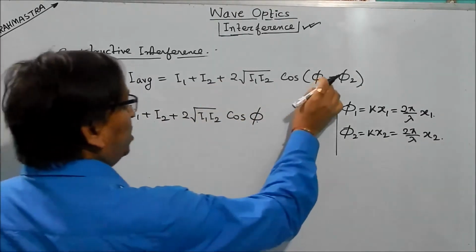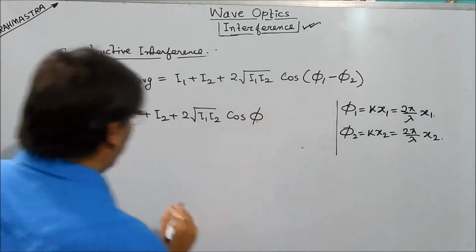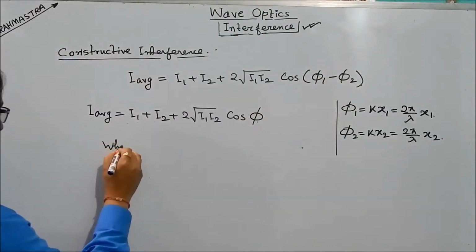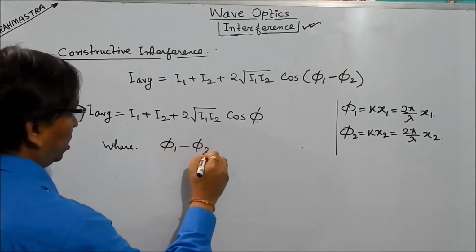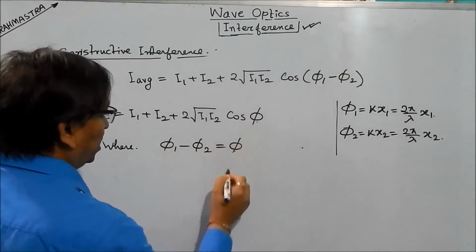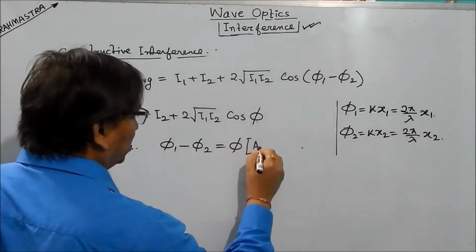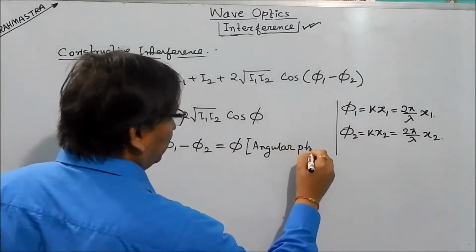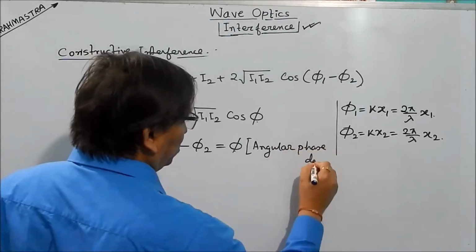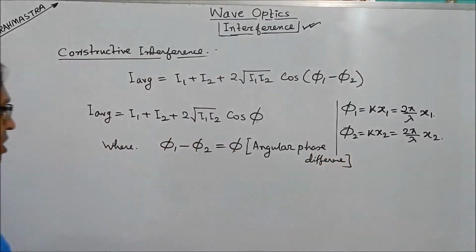Basically phi 1 minus phi 2 is written as phi. So this phi is called angular phase difference.